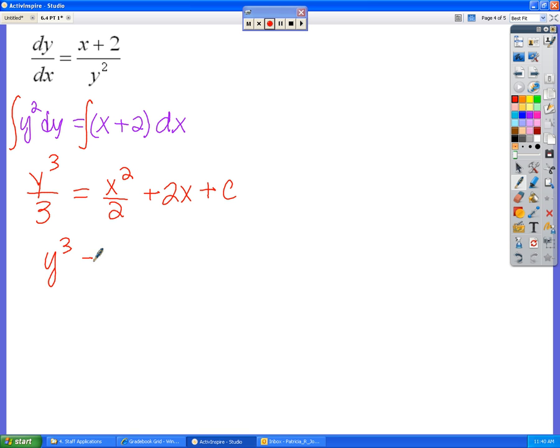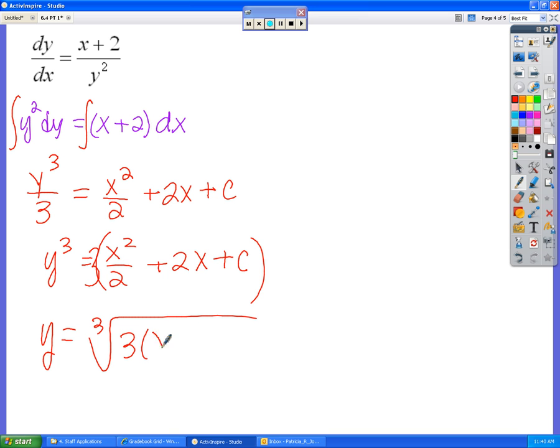Y cubed is equal to x squared over 2 plus 2x plus c. And then I'm actually going to multiply the whole thing by 3. And last step, I'm taking a cube root, so I don't need a plus or minus. You can either take the cube root or you can raise the whole thing to the 1/3 power, but both would be the same.